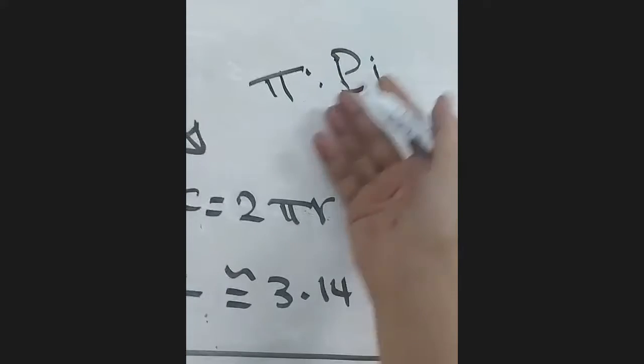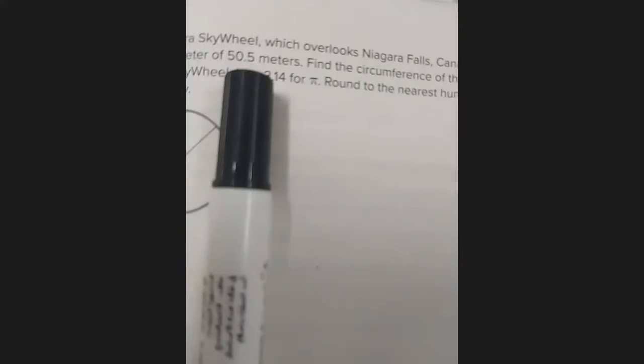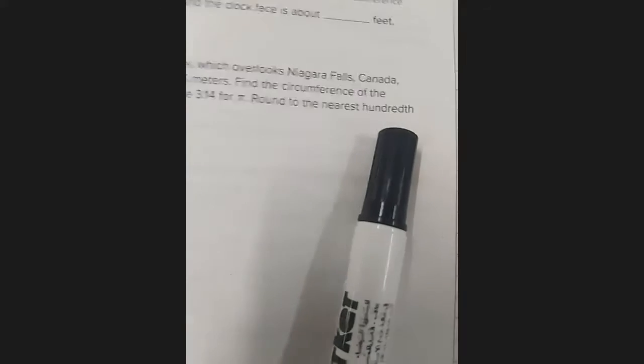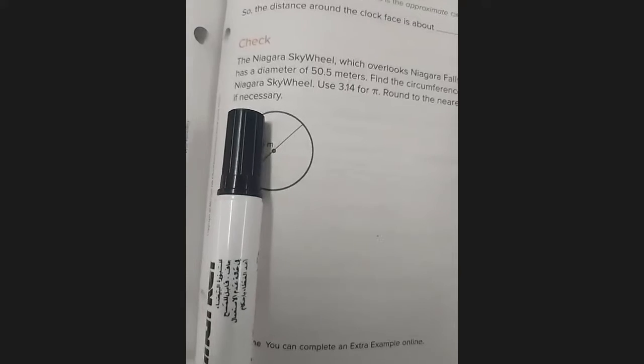Pi, P with I. Okay. Read it again. Use 3.14 for pi. Round to the nearest hundredth if necessary.